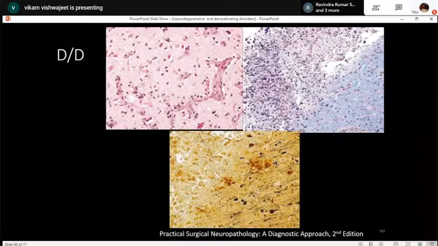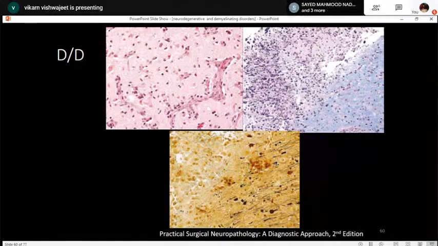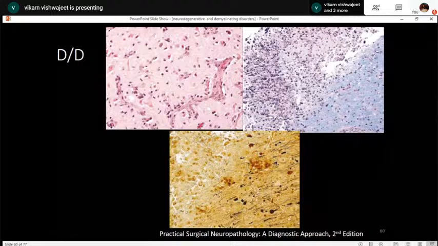One important differential diagnosis for a demyelinating lesion is a stroke. In fact, what happens is there is loss of both myelin as well as axons. The bottom picture shows a silver preparation, Bielschowsky stain. So you can see loss of axons along with myelin.